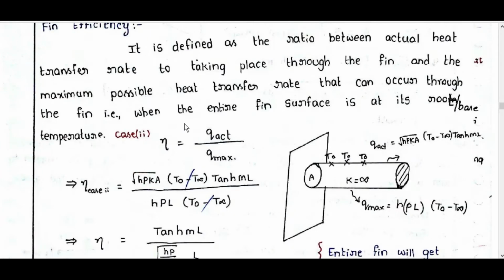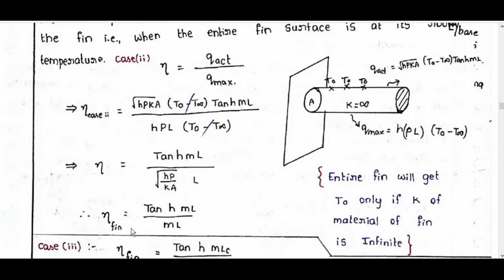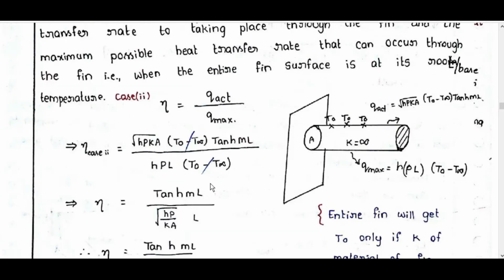For case 2, fin efficiency is equal to Q actual by Q maximum, which is root(hPkA) into (T naught minus T infinity) into tanh mL by hPL into (T naught minus T infinity). Eta is equal to tanh mL by root(hP by kA) times L. Eta fin is equal to tanh mL by mL.